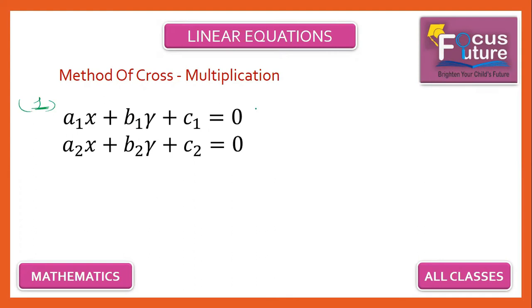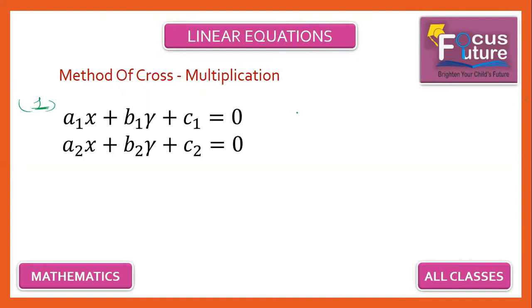So basically a1, a2 and b1, b2 are the coefficients of their variables. Like a1 is the coefficient of x, a2 is the coefficient of x, and b1 is the coefficient of y, c1 is the constant. Similarly, b2 is the coefficient of y and c2 is the constant. So let us take an example.